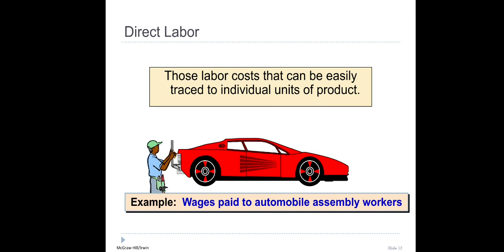And then the second cost that you have to pay when you produce something is the direct labor cost. Okay, now first, who are the direct laborers? Okay, remember this.